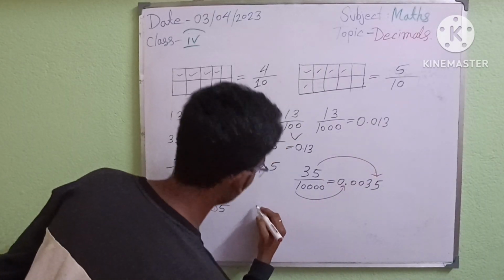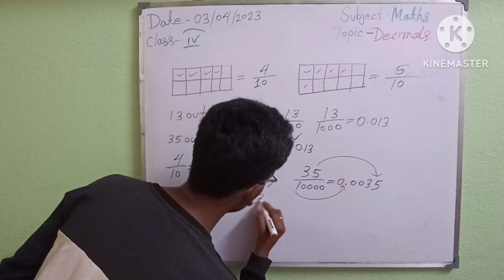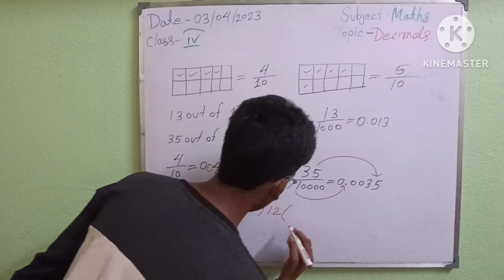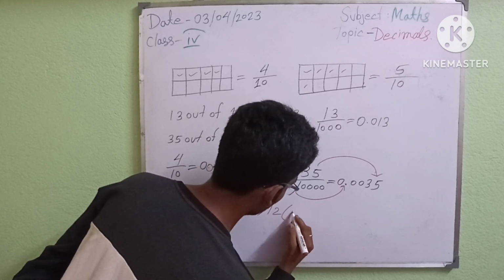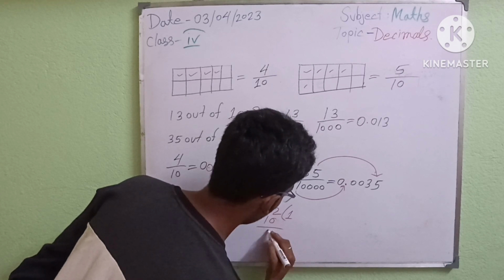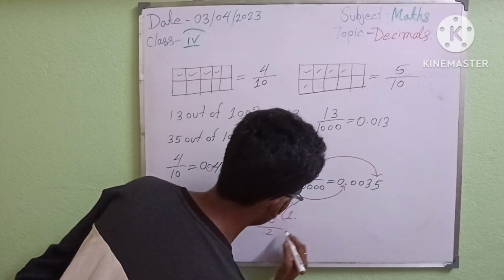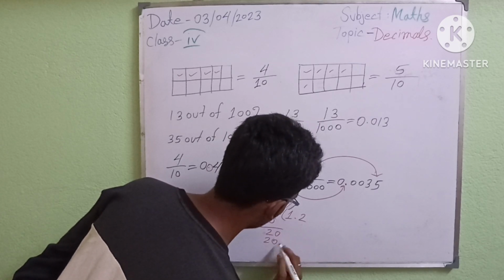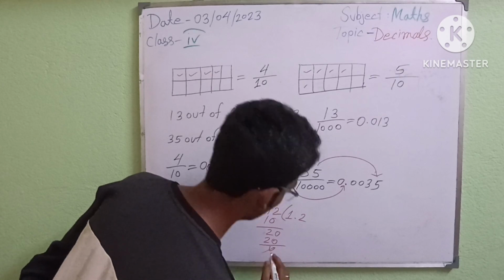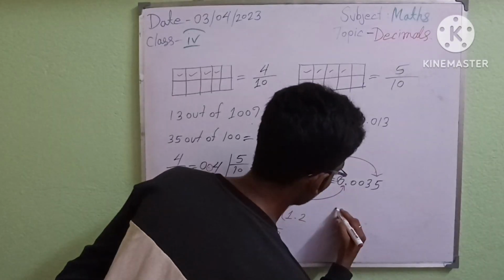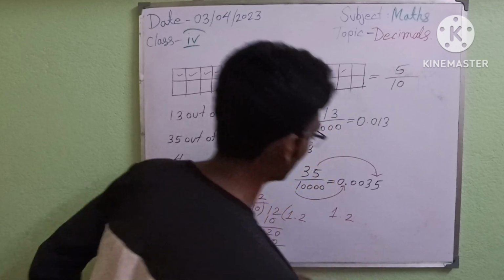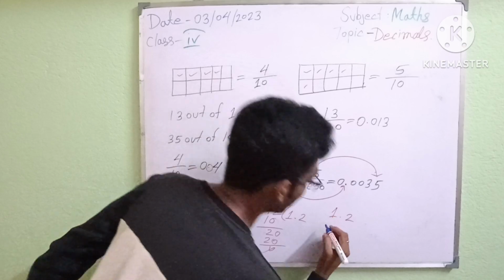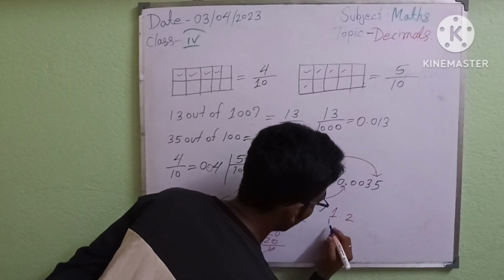Look, if we want to divide 12 by 10, we will keep here 10, 1, 10, 2.0, 2 tens, 0. Okay, then 1.2. From the 1.2, this 1 we will call the whole number.